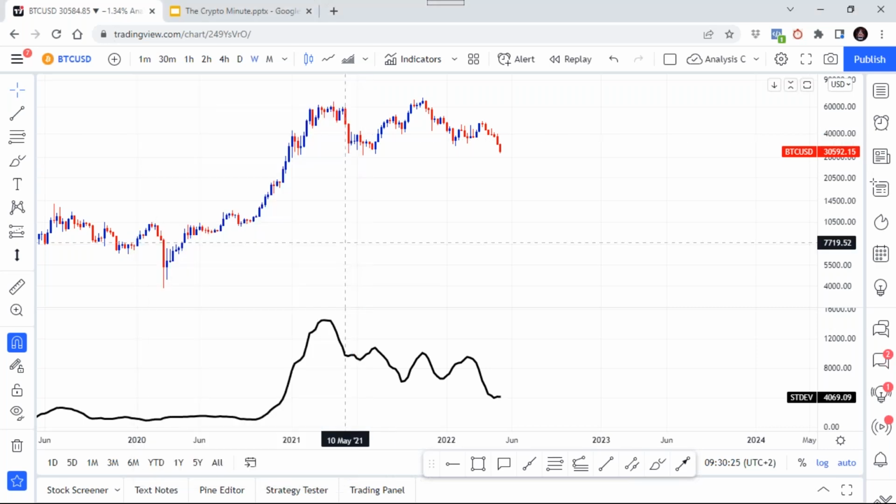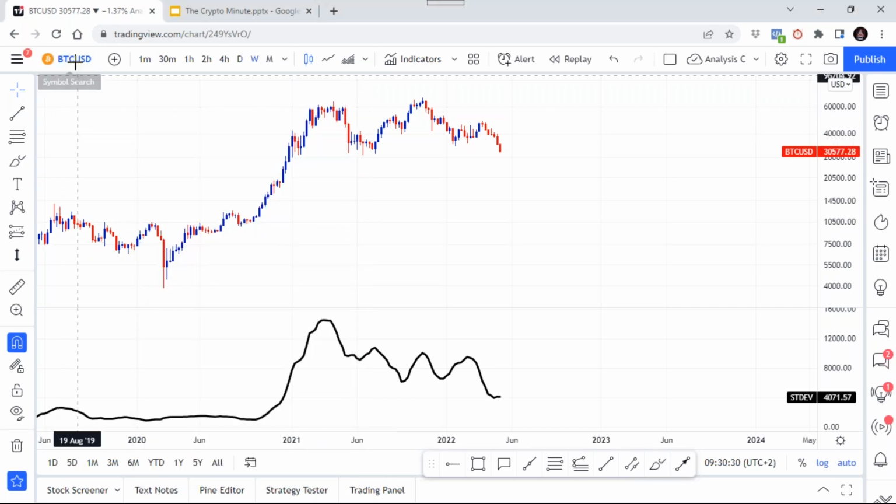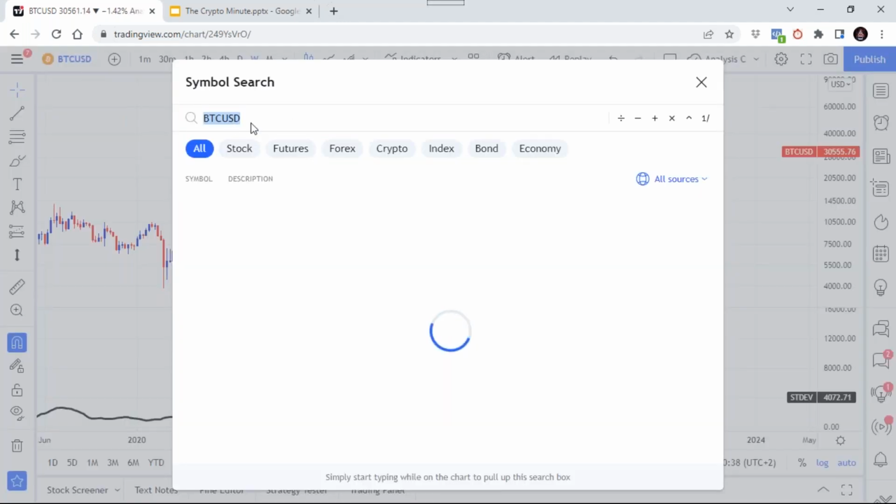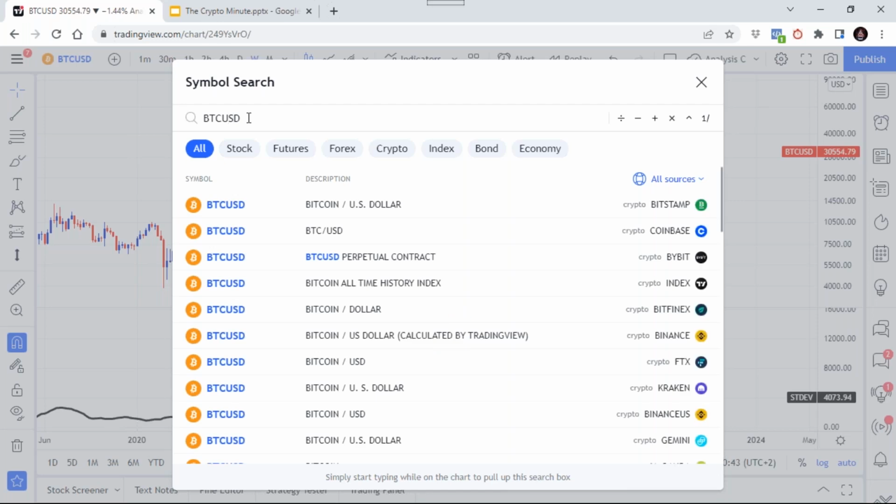The other option here is, what about Bitcoin Cash? Instead of Bitcoin, what if we just look at the cash element? There's Bitcoin Cash.